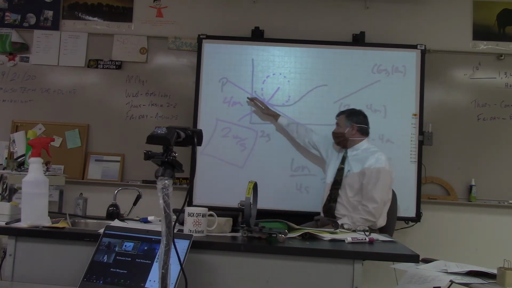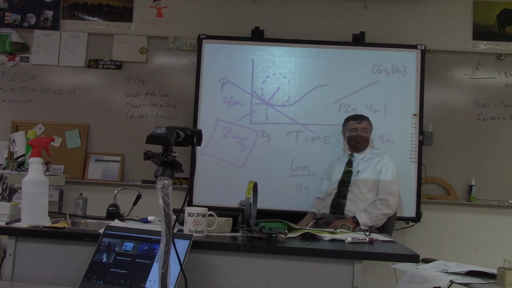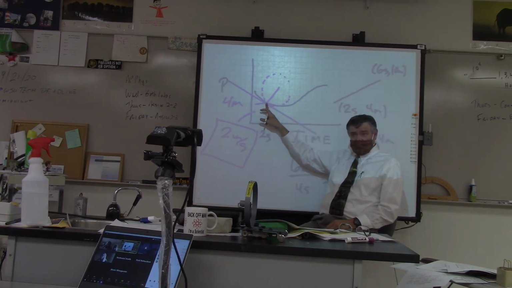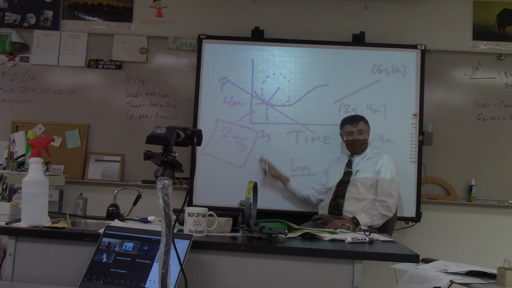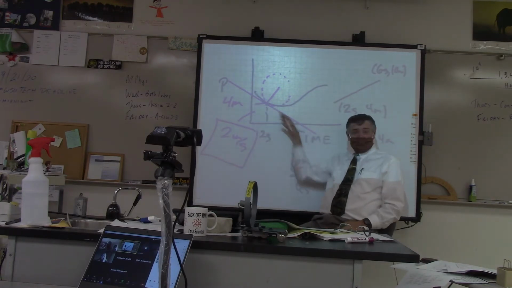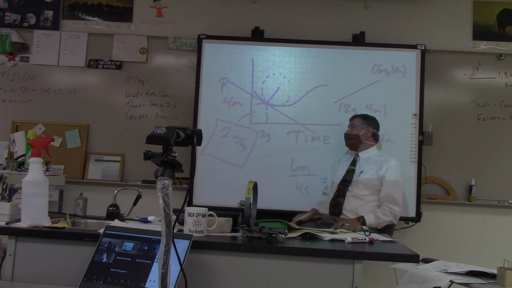First off, with this line coming down like this, what sign should the slope of that be? Positive or negative? Negative. So if I just take this point, that distance, 4 meters, and divide that by 2 seconds, number one, I'm going to get a positive velocity, which doesn't match up because I've got to have a negative velocity. So right away, I can't do that.